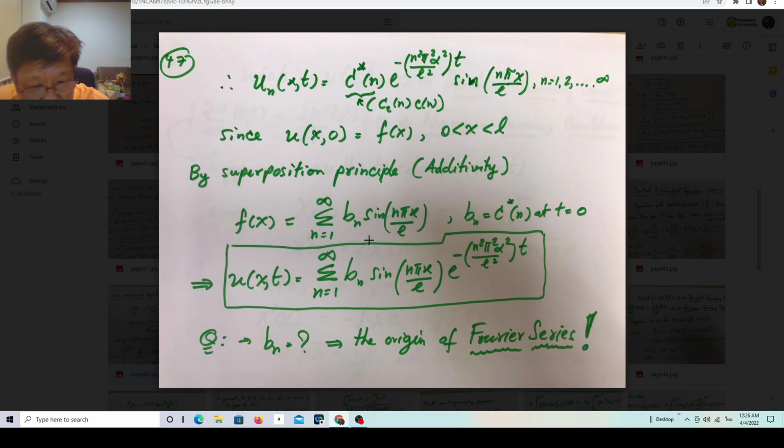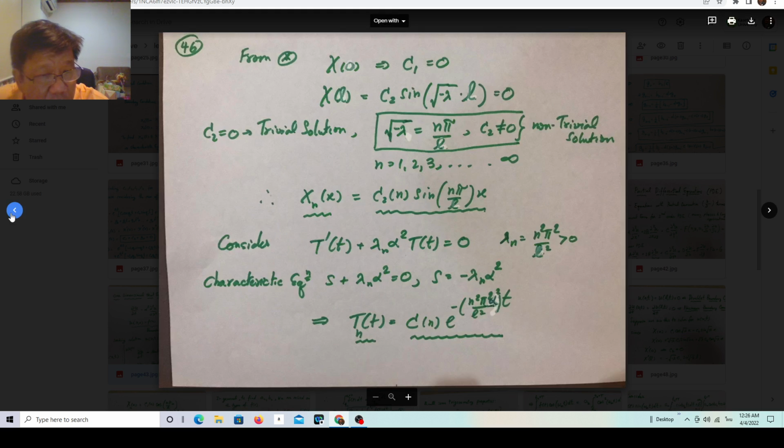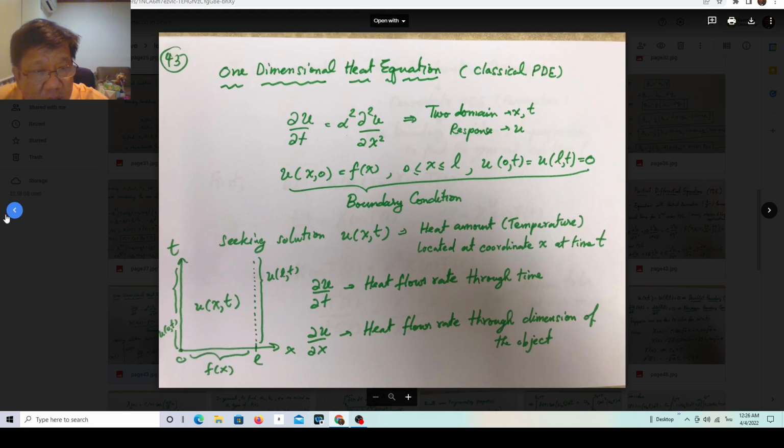This is the resulting equation with this boundary condition, leading to f(x) as a series, a summation from n equal to 1 to infinity, and we all know that this series is usually called the Fourier series. So who is Fourier? Fourier is the last name of the French mathematician who derived a general solution for this heat equation.